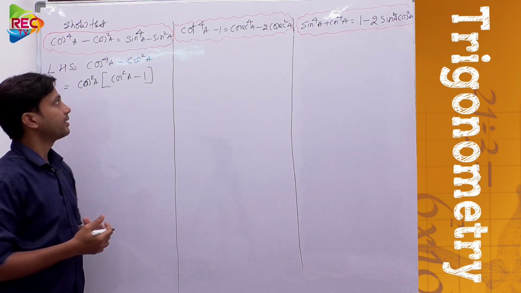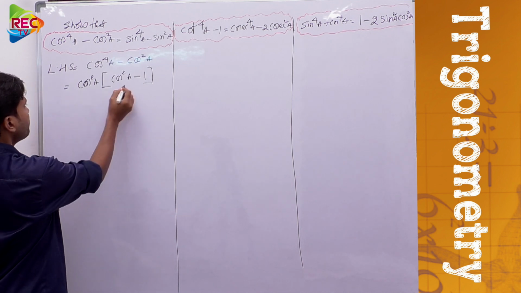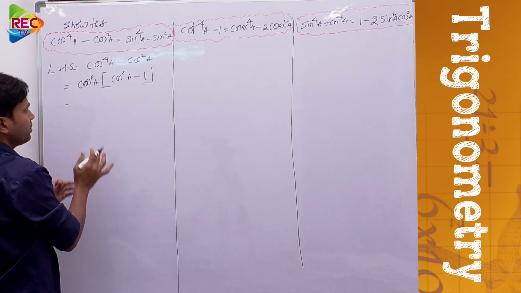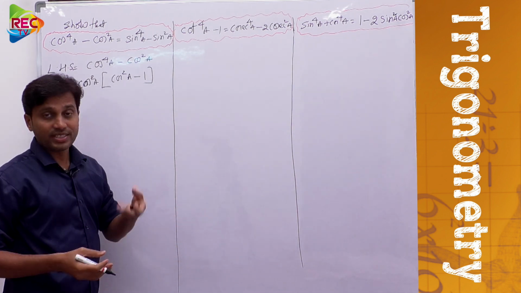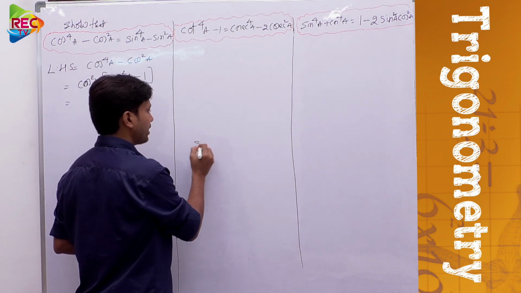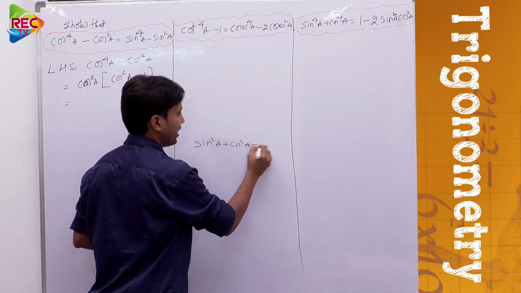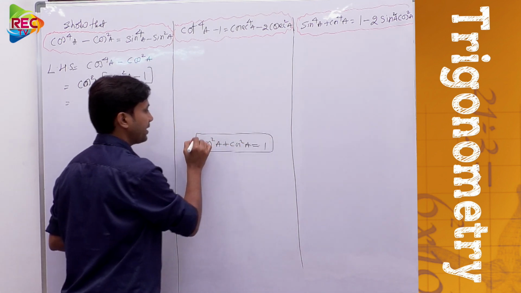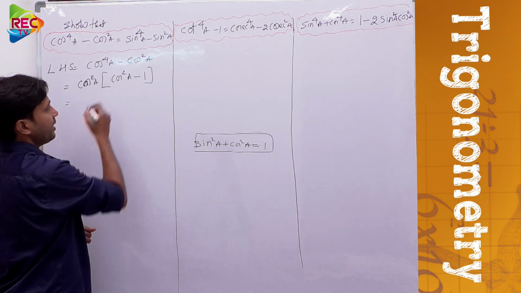So here let us consider once again the trigonometric identity. What is it? Sin square a plus cos square a equal to 1, right? This is a basic trigonometric identity. From this, how can we write this cos square a?